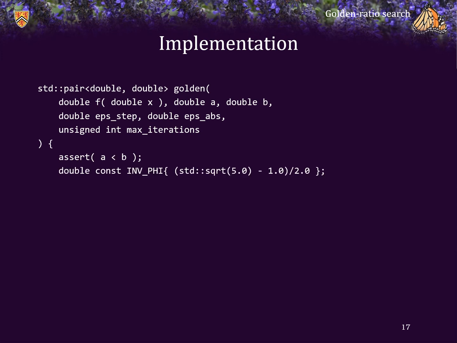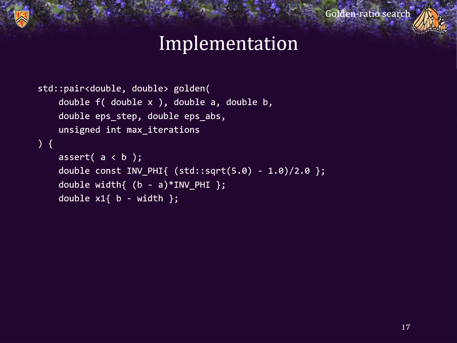Next, we will define inverse phi to be the reciprocal of the golden ratio, so the value of approximately 0.62 and change. We will now define the width to be the distance from a to b times the inverse of the golden ratio.